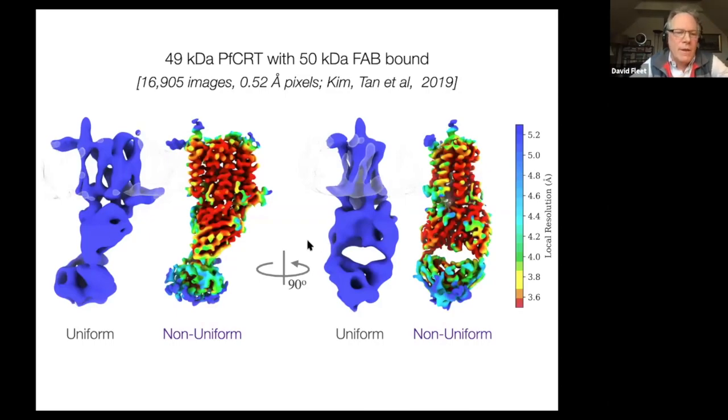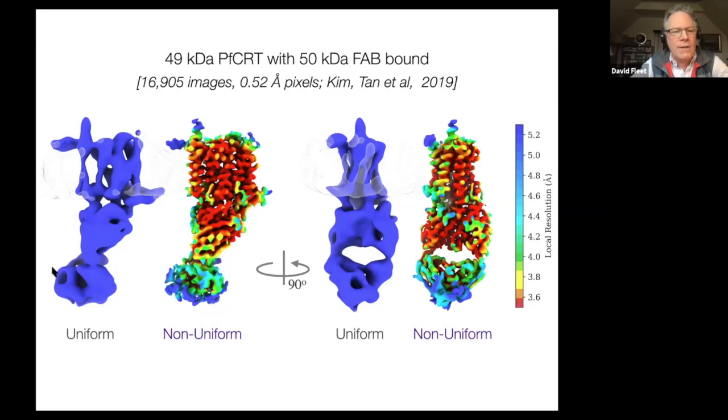So this is PfCRT, which is a chloroquine resistance transporter. It's a protein that exists in the parasite that causes malaria. And it's a protein that used to allow chloroquine to be a good anti-malarial treatment.